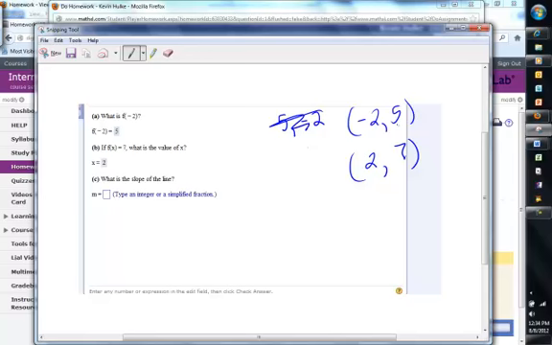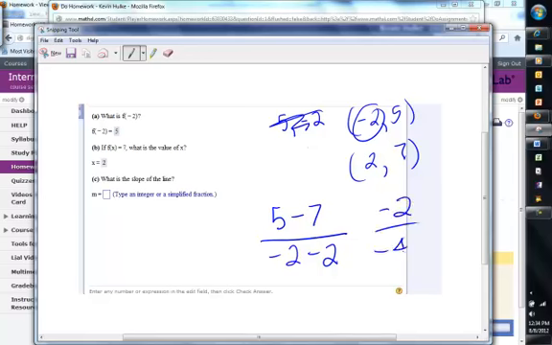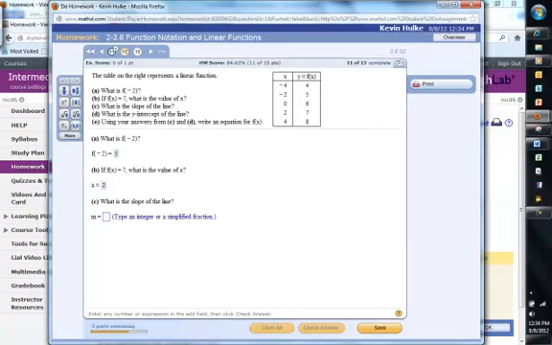Change in y is 5 minus 7 over change in x, -2 minus 2. 5 minus 7 is -2 over -4, which is positive 1/2. Slope is 1/2.